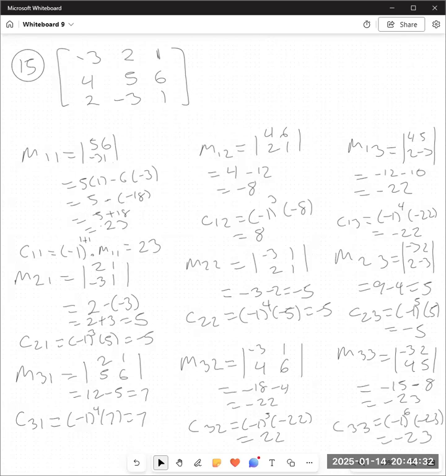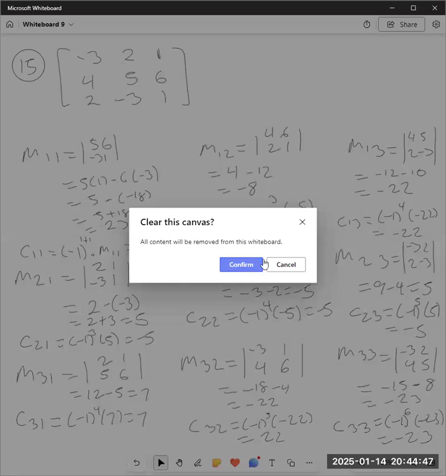So let's move on and look at number 19. So let's find the determinant of number 19.